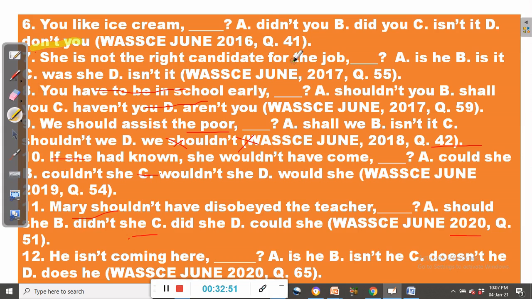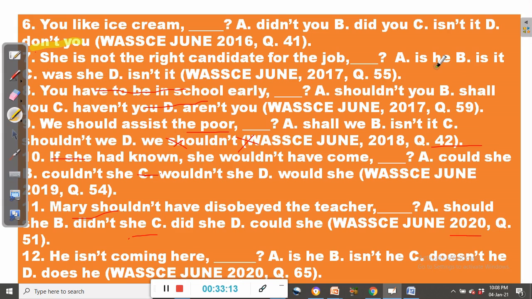She is not the right candidate for the job. Negative statement. She is not. Is she? Of course, we also have to look at the gender of the subject. Is he is not correct. All right.